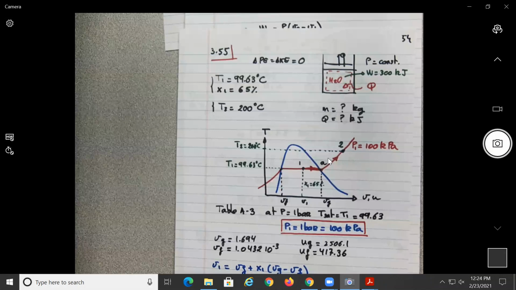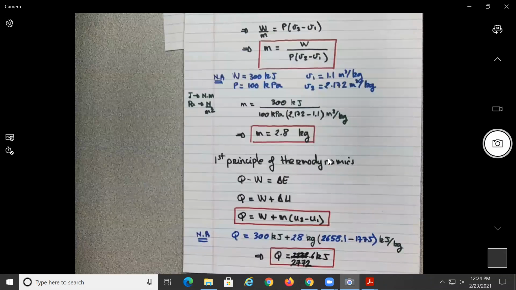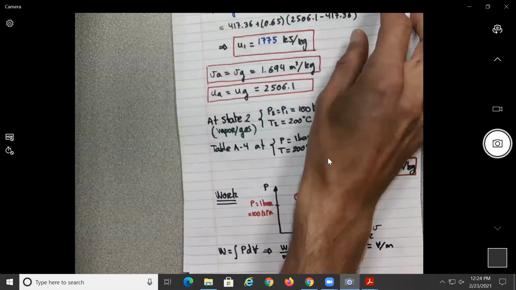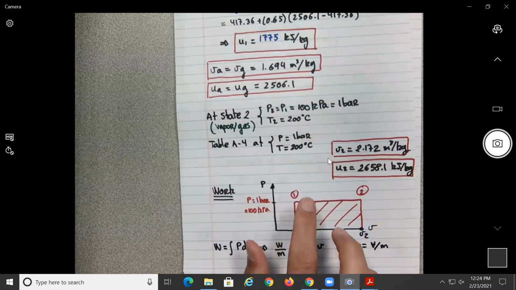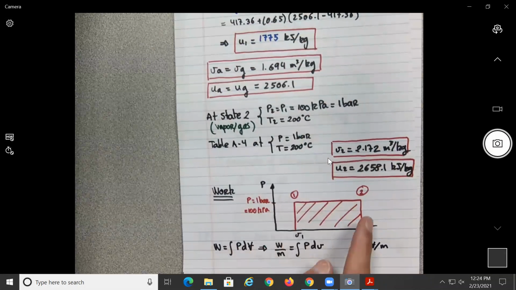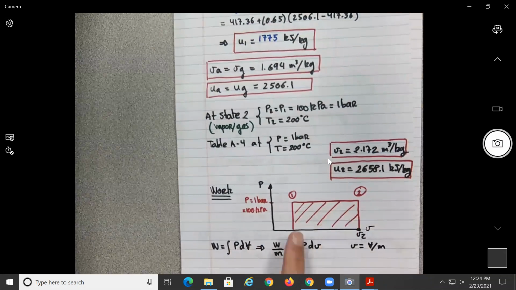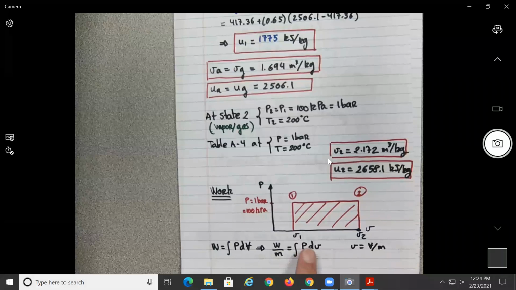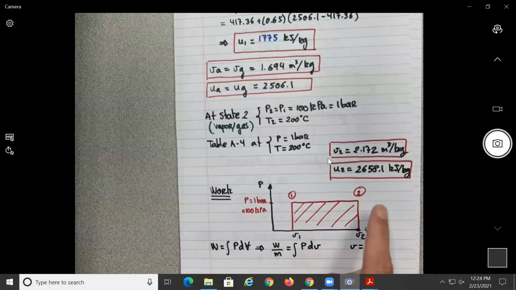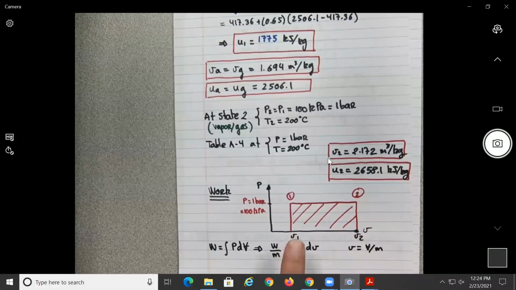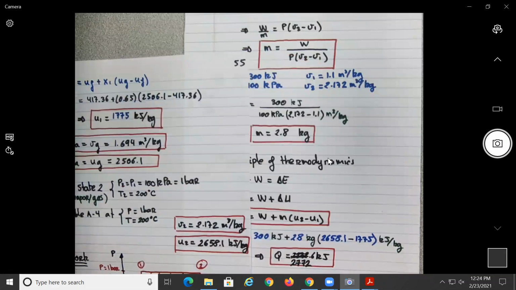That's why I sketch the other figure, this one here, and say, okay, you need to realize that between 1 and 2, the process is at constant pressure. So what is the work done by a constant pressure process? It's just going to be equal to the area under the curve, P times (V2 minus V1), which is what the relation gave us.